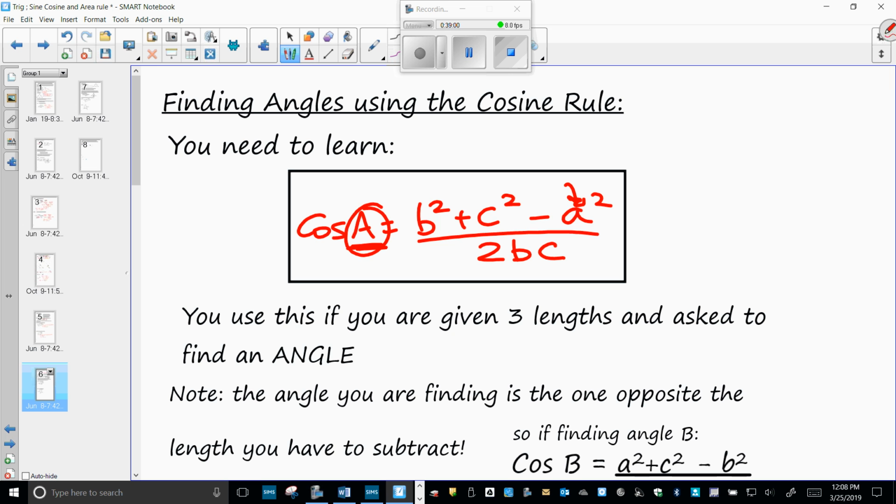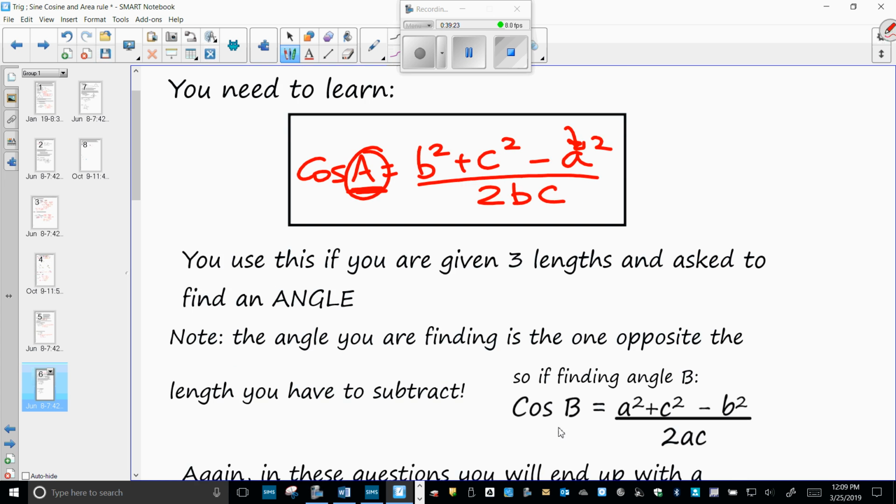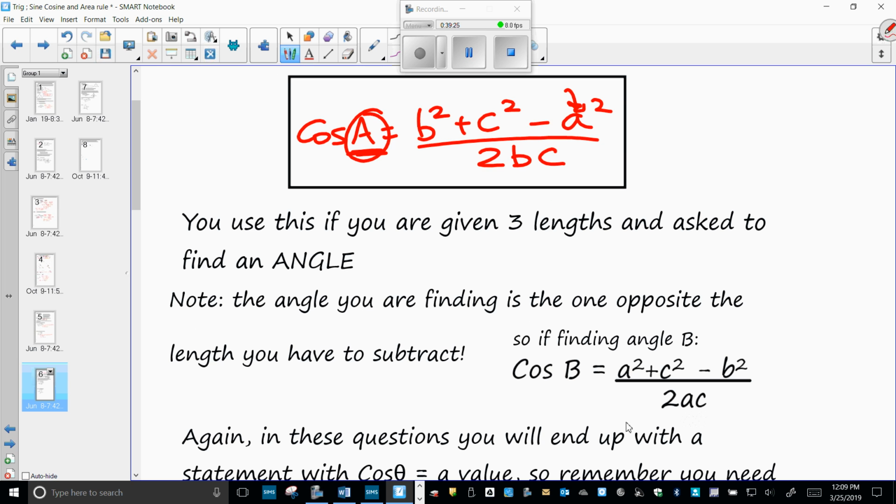The b and the c, again, it doesn't matter which one's which, because here they're squared and added, and then multiplied by each other down here. So you don't need to panic about which one's which. You just need to recognize that if you're trying to find this angle, then the length opposite that angle is the one that gets subtracted here. That's the only mistake that some people tend to make. Depending on whether you're finding angle A, B, or C, you can learn lots of different rearrangements if you wish, but there really is no need to.